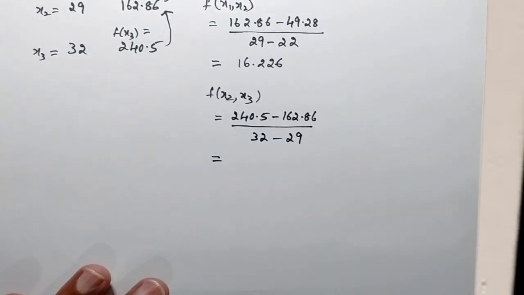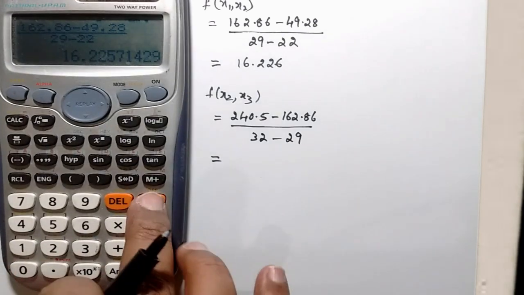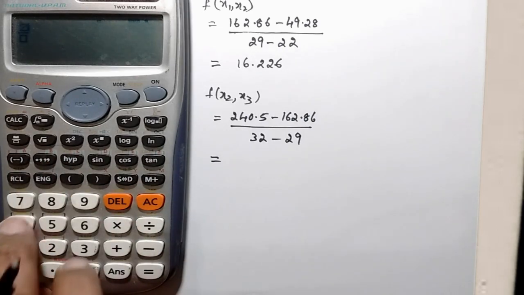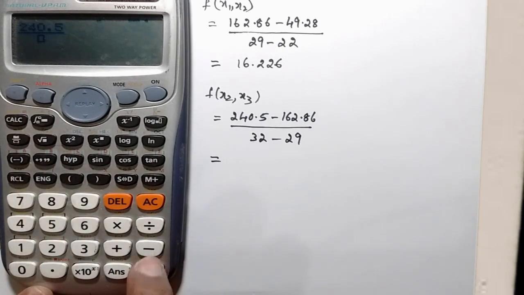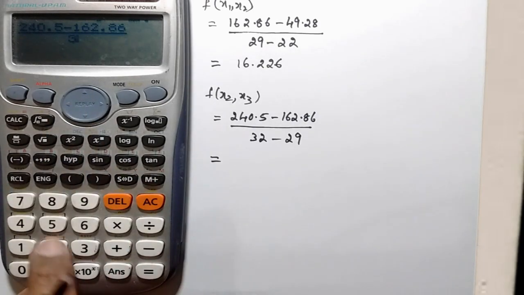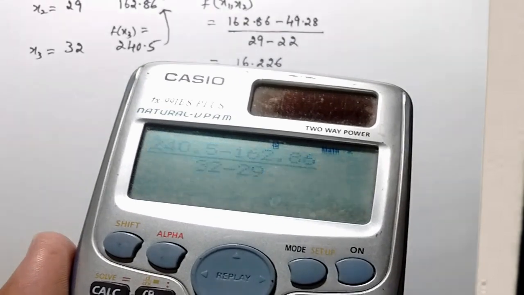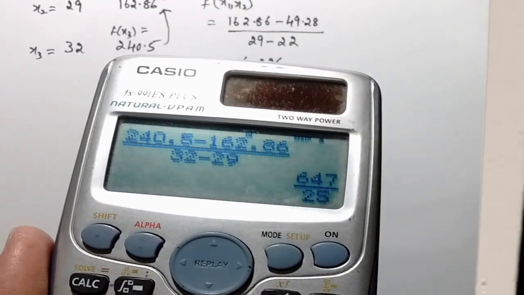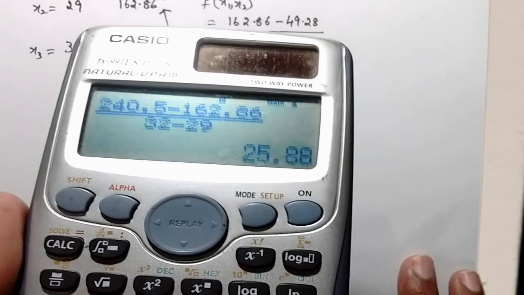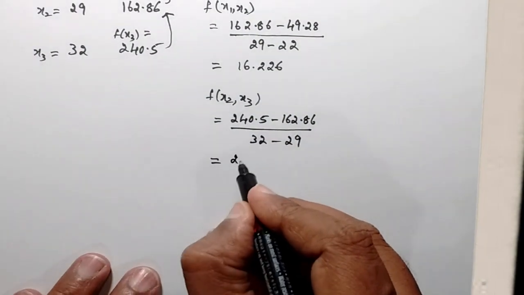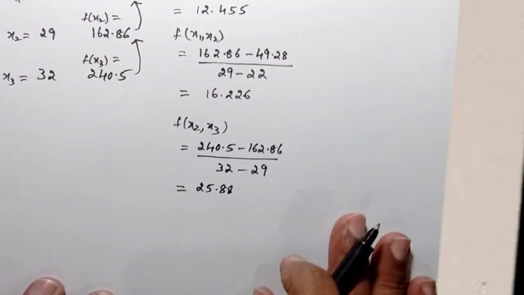You just take this difference. 240.5 minus 162.86, it is divided by 32 minus 29. I just type that value over here. You can check it. I just press equals to sign. It is in terms of the fraction, or if I write it is 25 point how much? 25.88. That's the value you're getting. So first divided difference I have got.